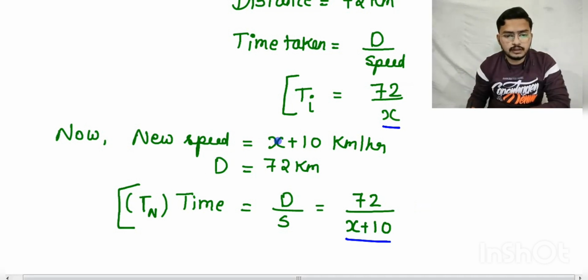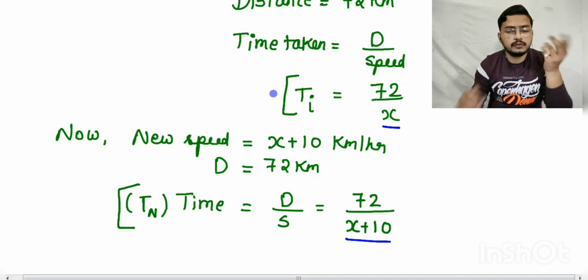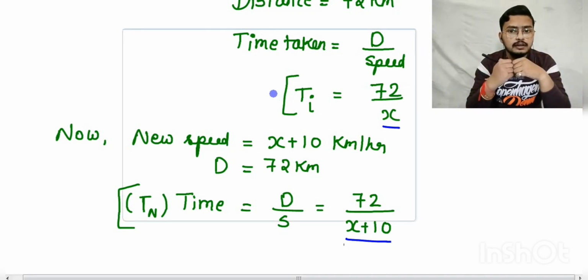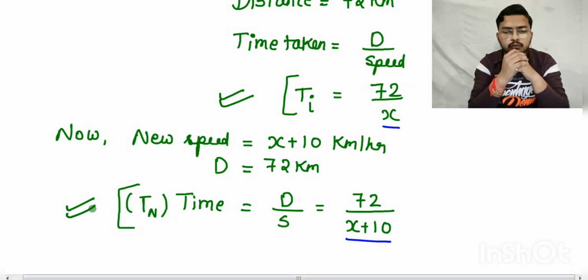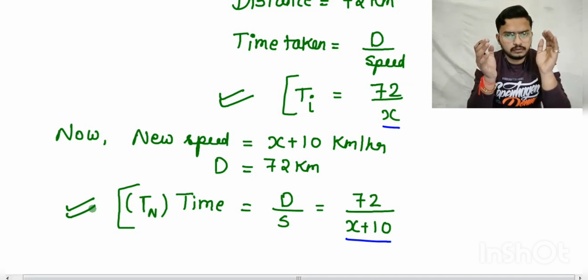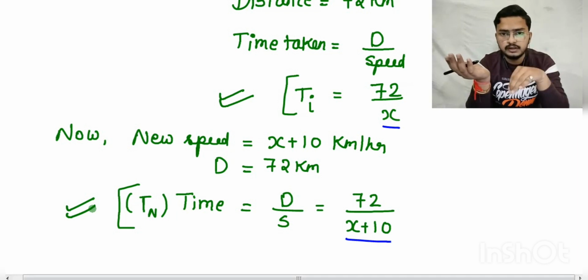So the initial time value is higher than the new time value, because in the initial case the speed is less, so the time must be higher. And for the new time, the speed is more, so the time must be lower.